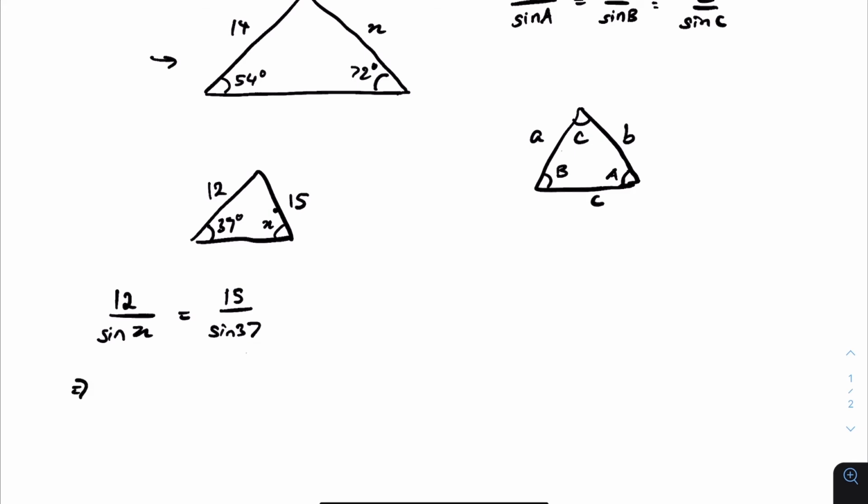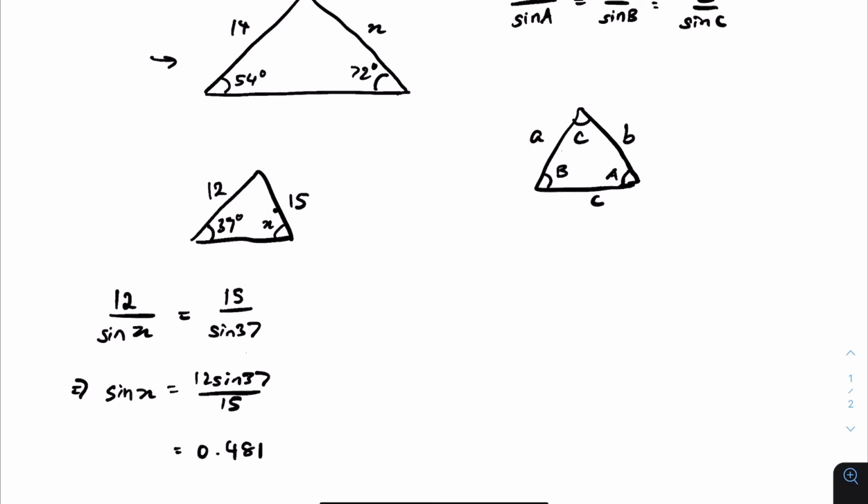So we can rearrange and get that sine x is equal to 12 sine 37 divided by 15, which is equal to 0.481. Then we do the inverse of sine.